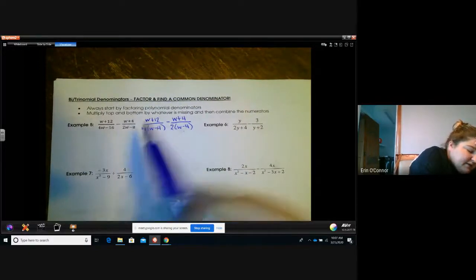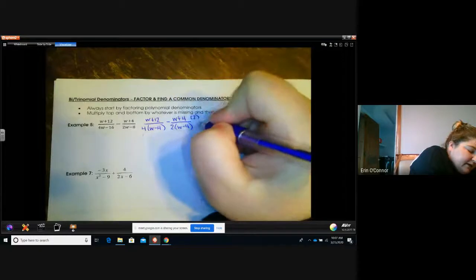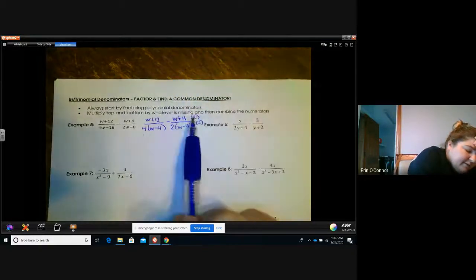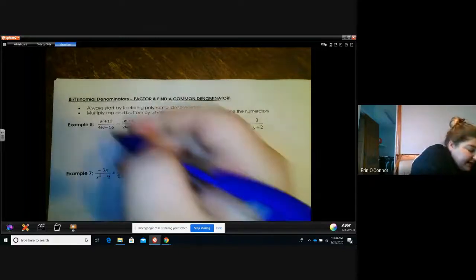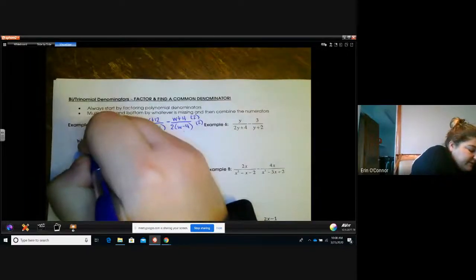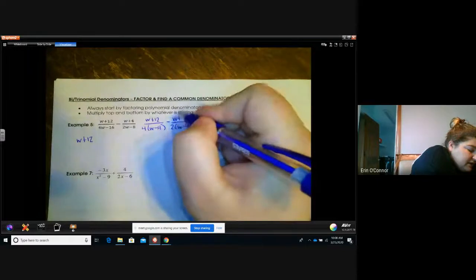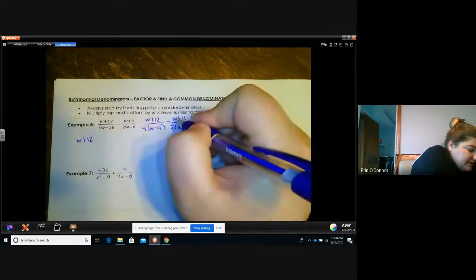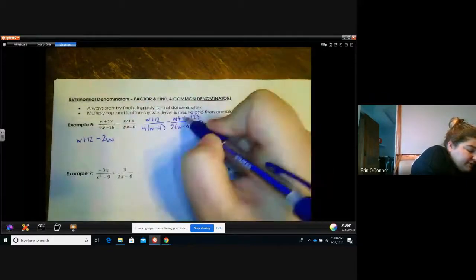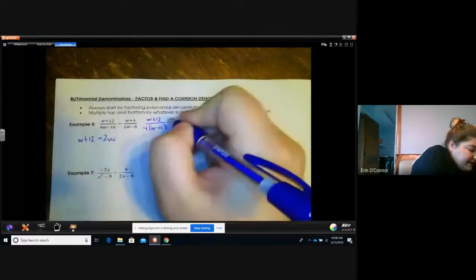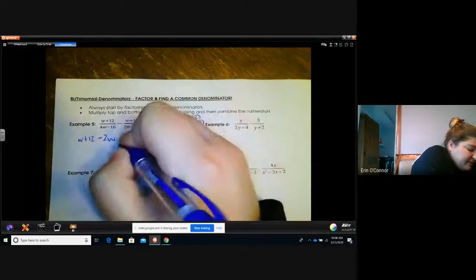This has a 2 and this has a 4. So I need to multiply the numerator and denominator of the right one by 2 to get this to be 4. So what I get is w plus 12, and 2 times w is 2w, and it's a minus, so minus 2w. 2 times 4 is 8, and it's a minus. This whole thing is going to be minus, so we have to remember that minus.